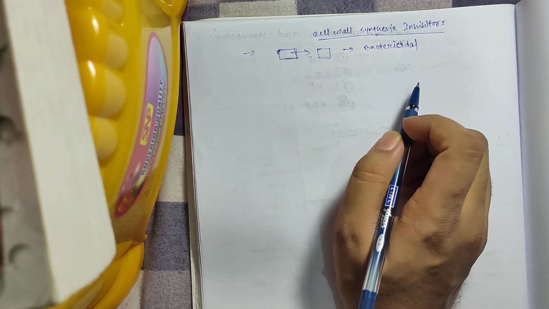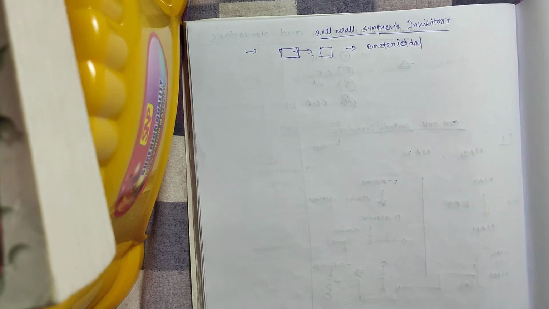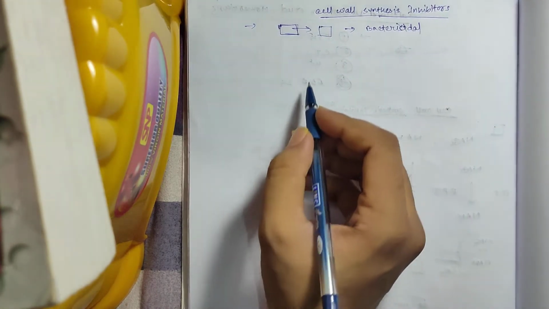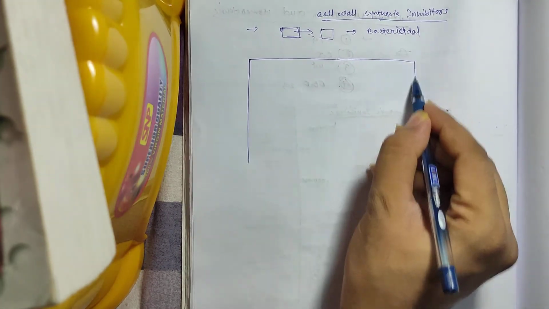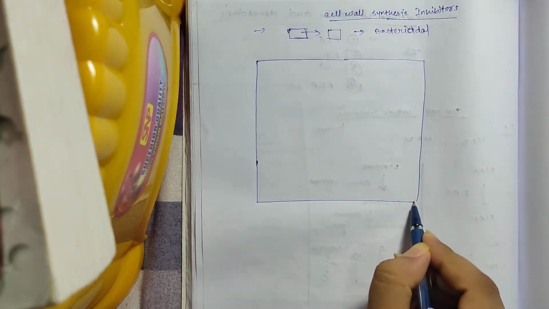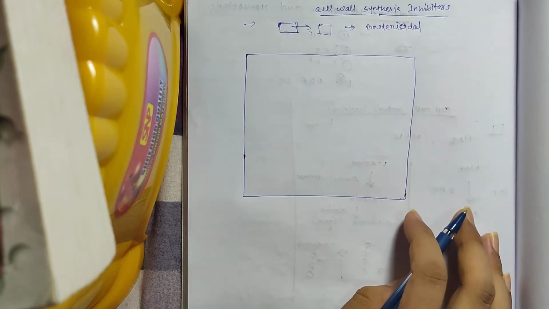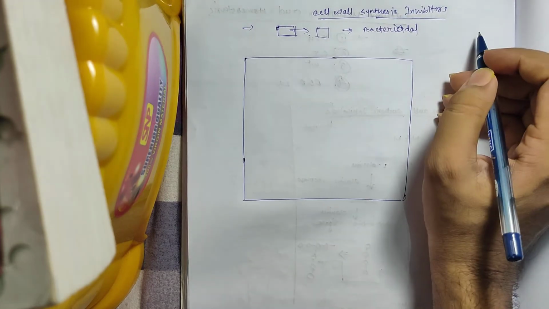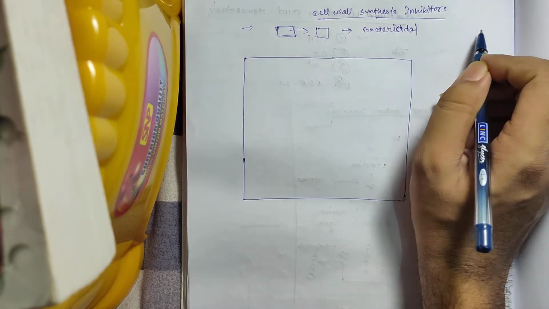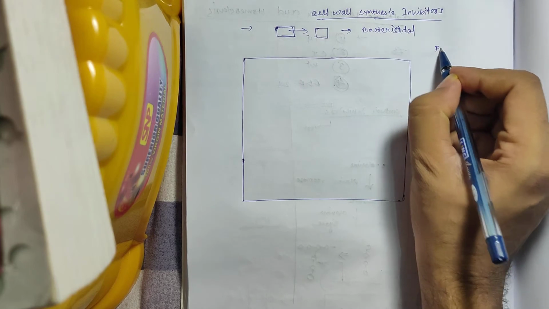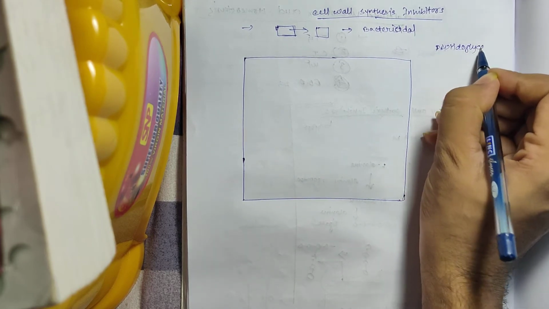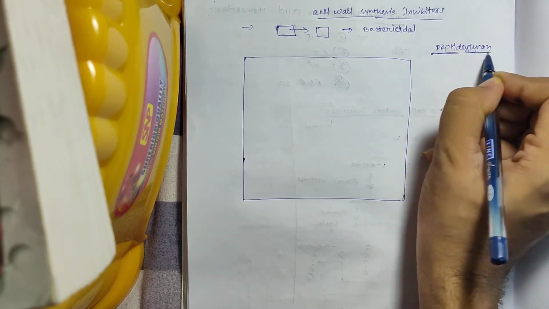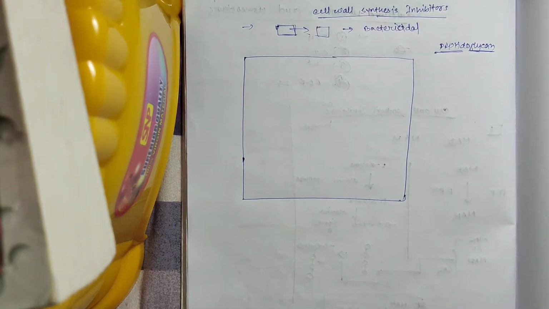Now we have to know how the cell wall is synthesized in bacteria. Suppose this is the cell membrane, right? And the bacterial cell wall is made up of peptidoglycan, right? One is the peptide part, another is the glycan part. Now how is it formed?